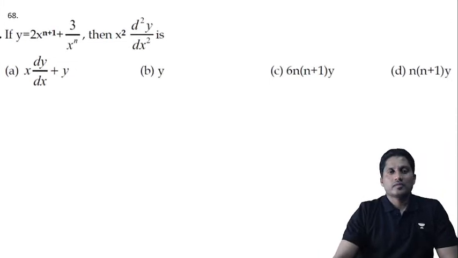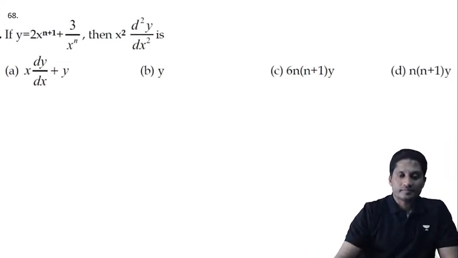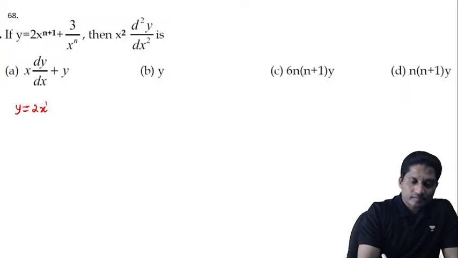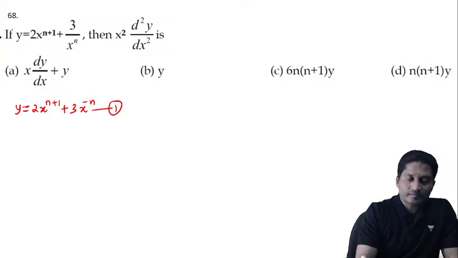Alright, question number 68. Again, this is the 2020 paper. y is equal to 2 into x to the power of n plus 1 plus 3 into x to the power of minus n. You call this equation 1.